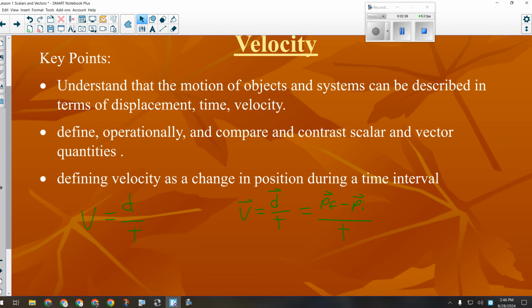Because that's how we think. If I ask you how far it is to Edmonton, am I asking you how long it takes or how far it is? In physics, I'm asking you how far it is.